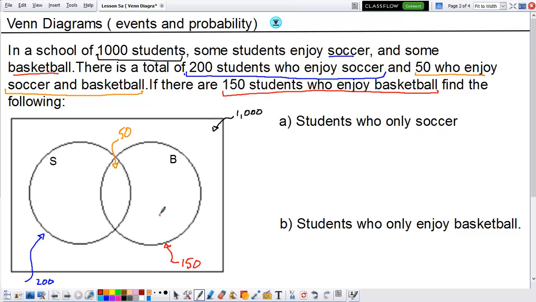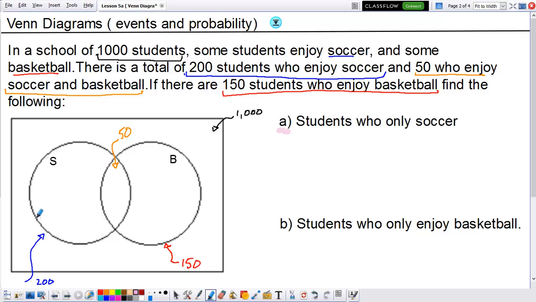Because first, when you understand the scenario, just shade the region and figure out what you either need to add or subtract to obtain that region. So here in example A, we want those students who only enjoy soccer. So just those who enjoy soccer, not those that enjoy soccer and basketball, just those who enjoy soccer. So let's see, which region will we be interested in?